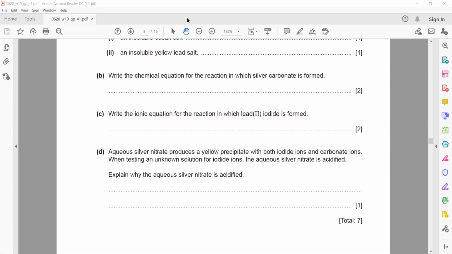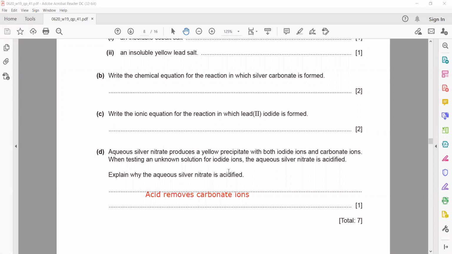That's why first we convert the carbonate into nitrate, and we carry out the test, so we'll get a yellow precipitate only due to iodide ion. There is no reaction because the reaction is only for the carbonate ion. When a carbonate ion reacts with any acid, HCl, HNO3, H2SO4, what will it give?